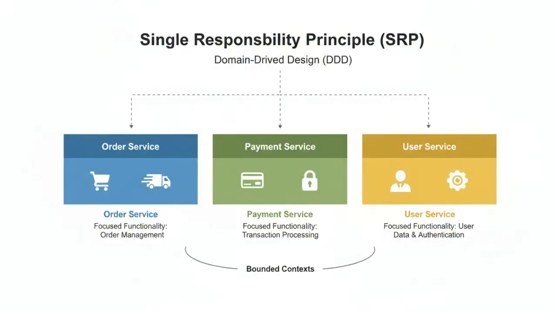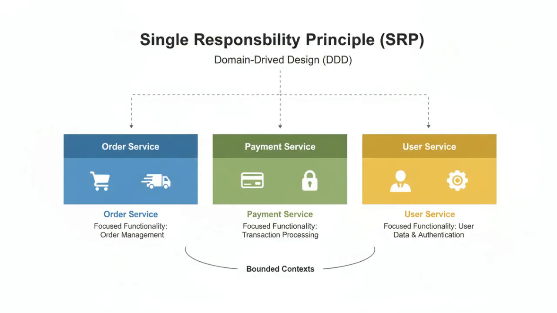Our first and perhaps most fundamental best practice is to design each microservice with a single, well-defined responsibility. This principle, often referred to as the Single Responsibility Principle, or SRP, dictates that a service should have only one reason to change.